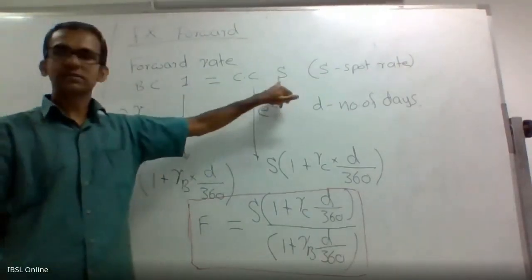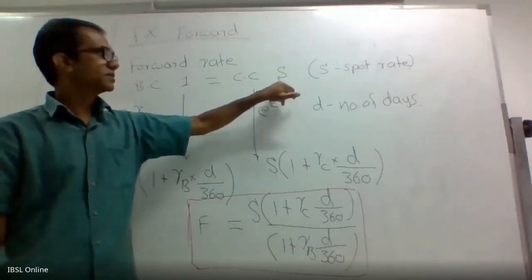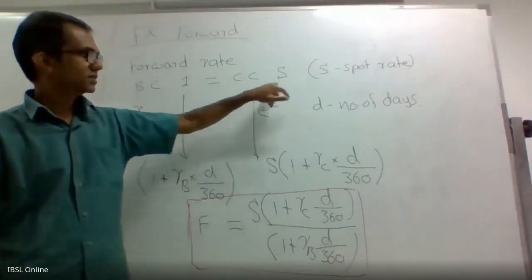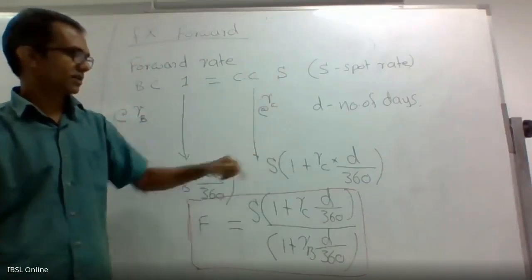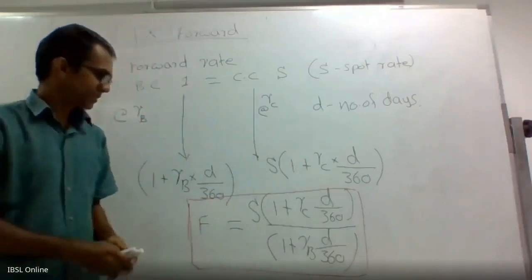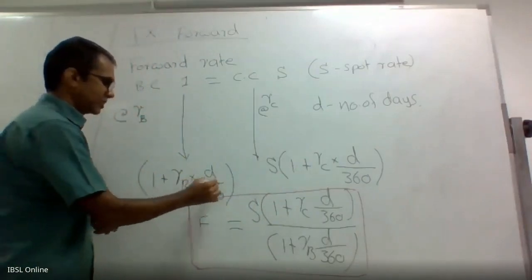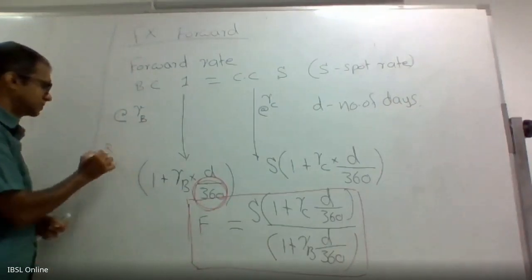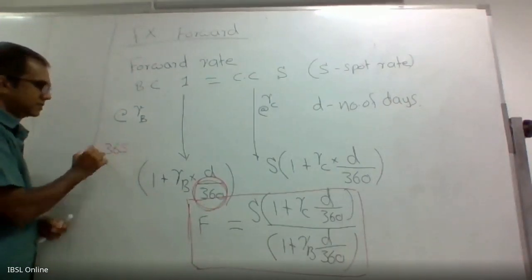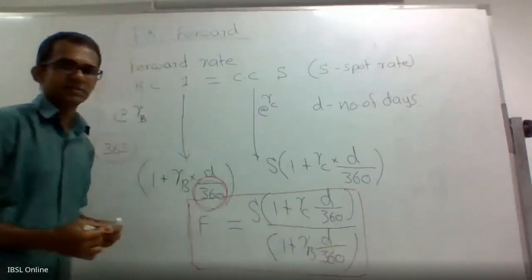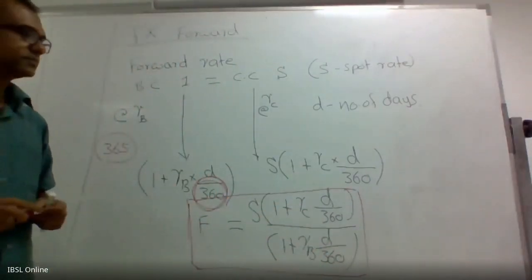To calculate the future value of the counter currency amount, we use the interest rate of the counter currency. Same number of days. This 360 depends on the currency that we use. If there's any currency which uses 365, then we can replace it with 365.